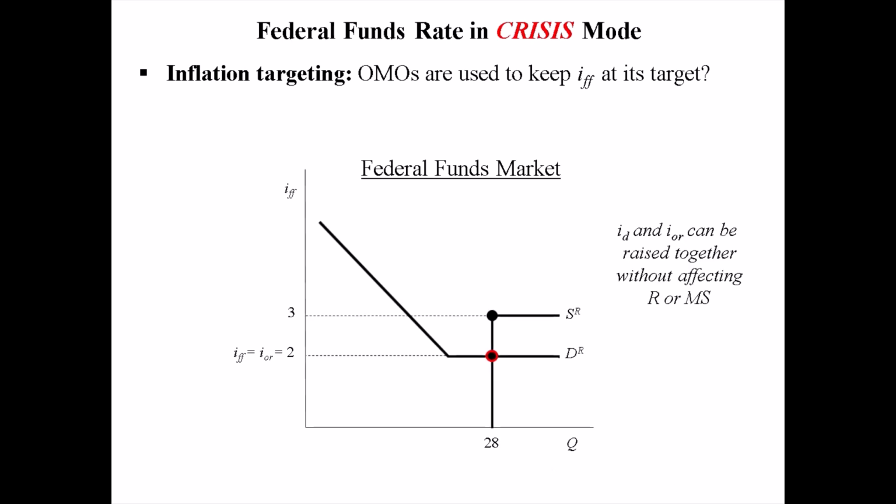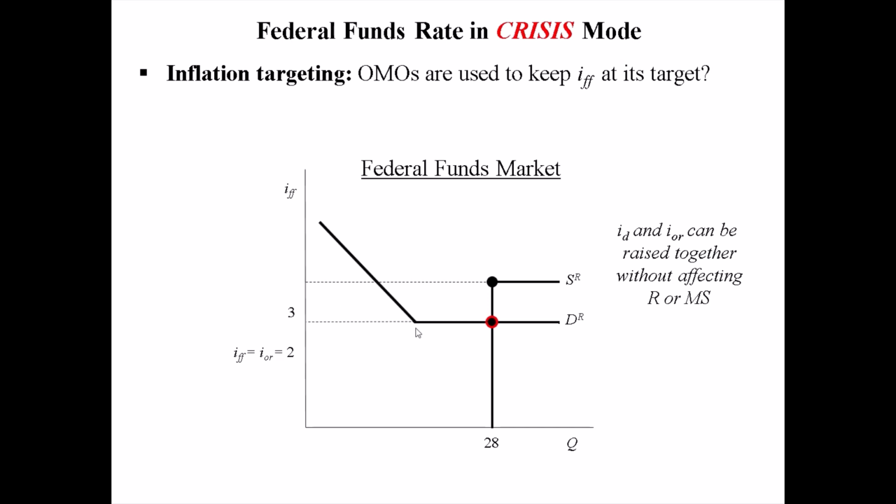The discount rate and interest on reserves can be raised together without affecting the quantity of reserves or the money supply. The way this works is, assuming demand is constant, the Fed can simply issue a dictate that the federal funds rate target via the interest on reserves and the discount rate are simply higher, and it can continue doing this.